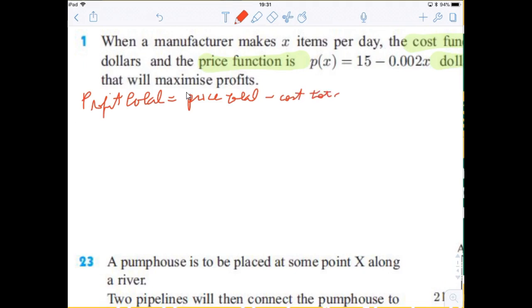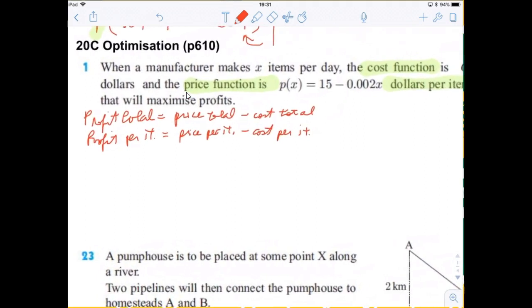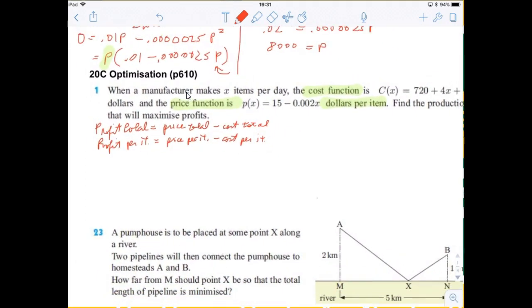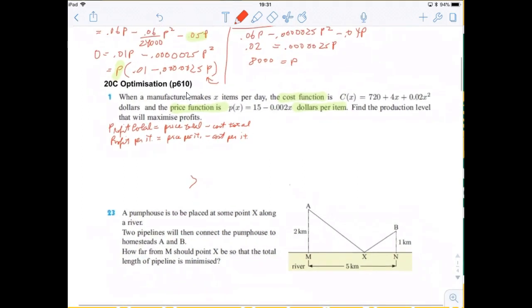And the other thing you could do is profit per item equals price per item minus cost per item. Okay? So since the price function and the cost function are not both given per item and not both given in total, you need to decide on one or the other.